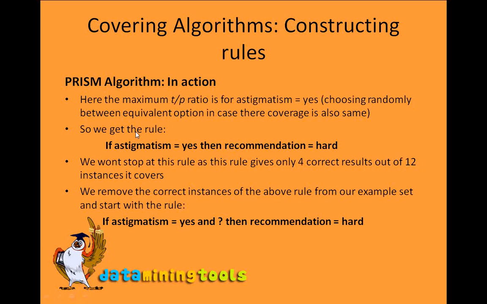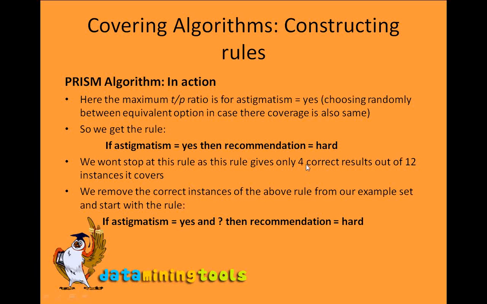So now our rule is, if astigmatism equal to yes, then recommendation equal to hard. We won't be stopping at this rule, as this rule gives only 4 correct results out of the 12 instances it covers. We are striving towards 100% accuracy, and to do that, we remove the 4 correct instances which this rule gives.